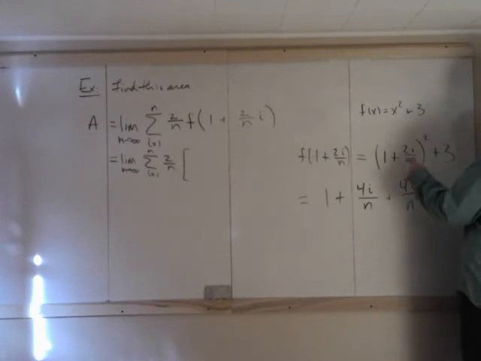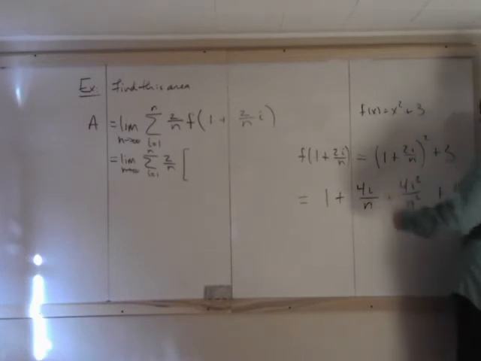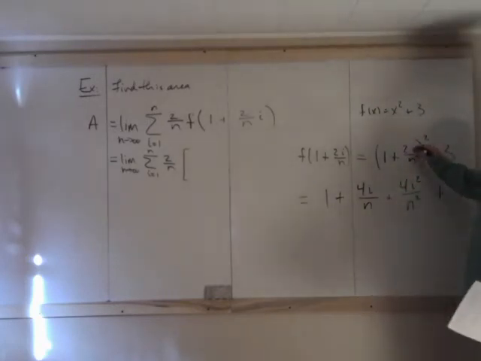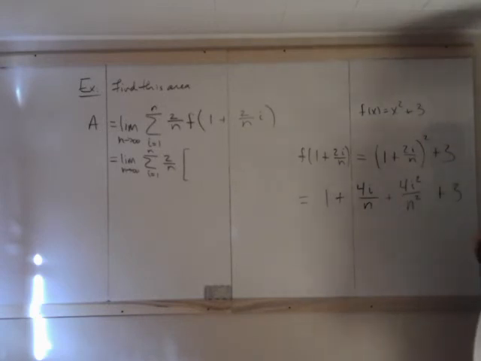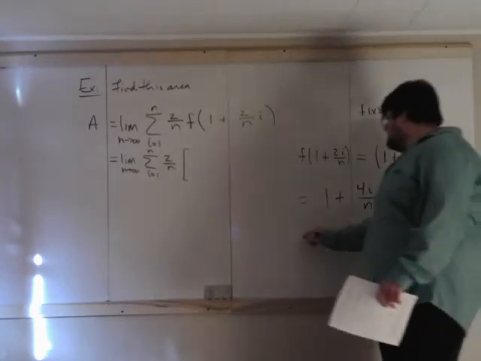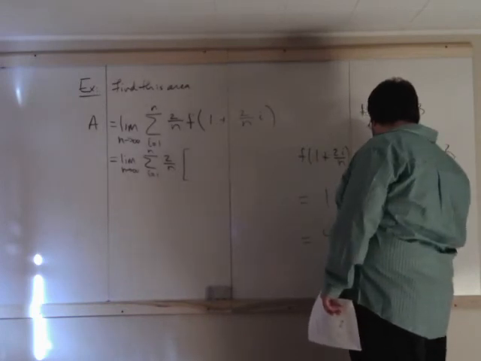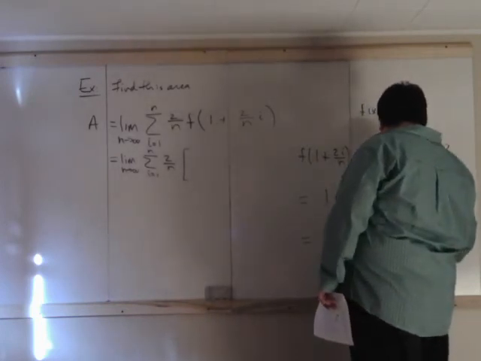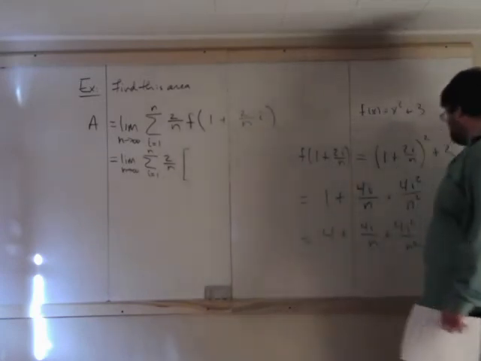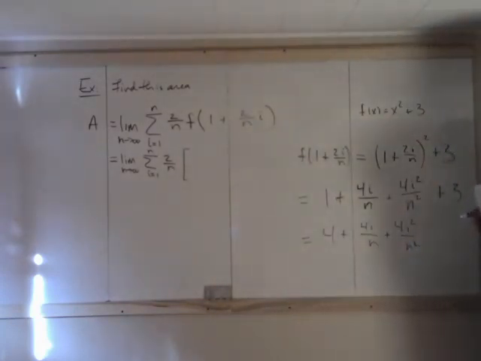Well, 2 times this times that is just 2 times this: 2 times 2 makes 4, and then the letters go along. And then this last thing squared is 2 squared, i squared over n squared. And then plus 3. This equals 4 plus 4i over n plus 4i squared over n squared, adding the 1 and 3 together.